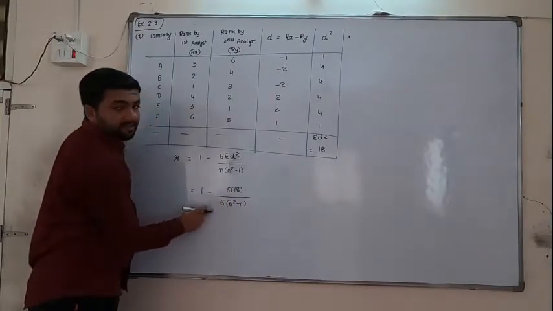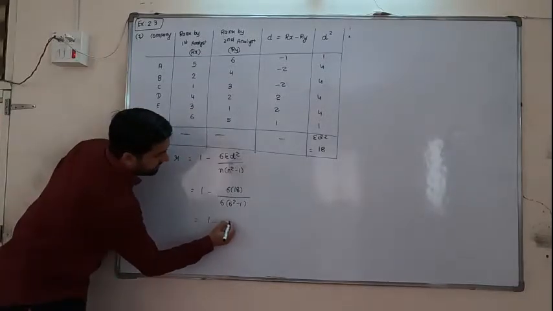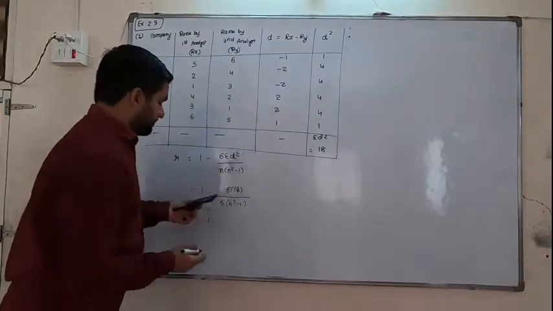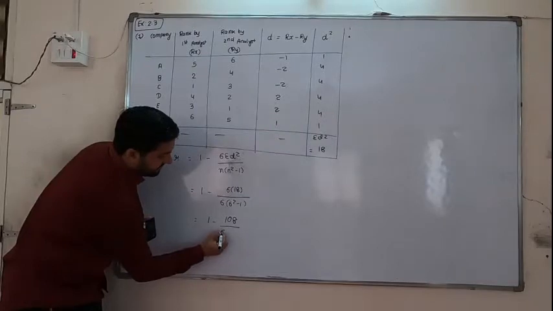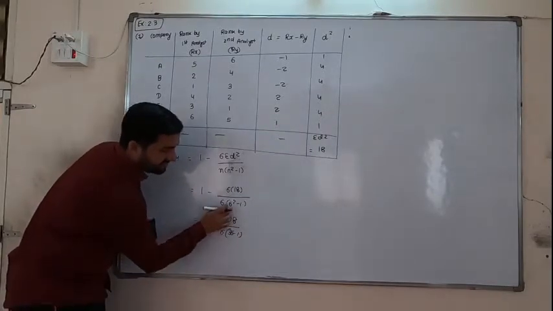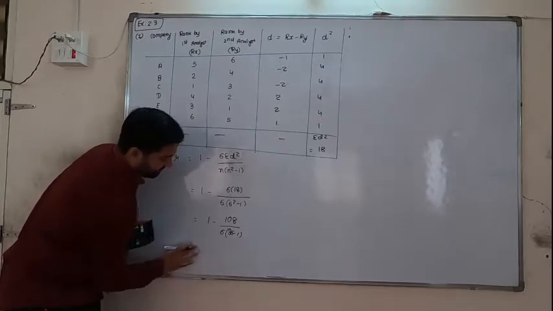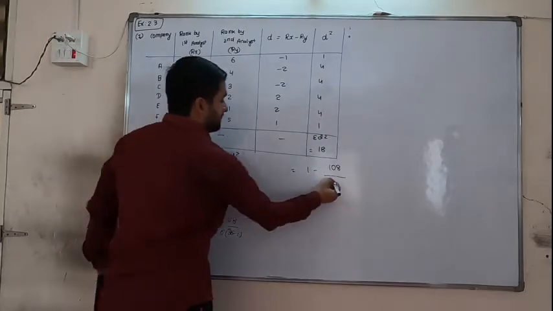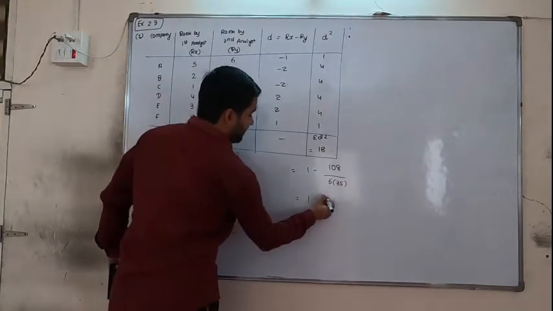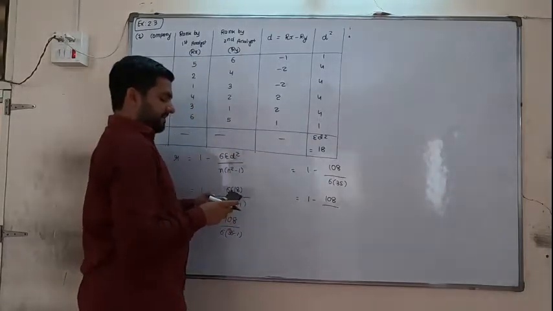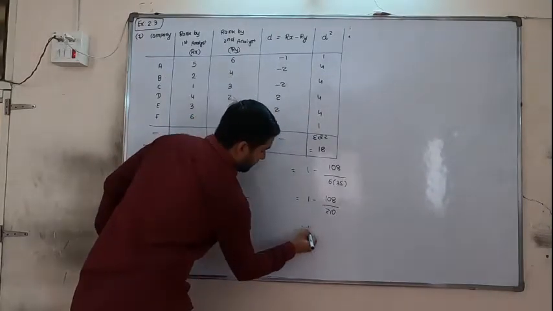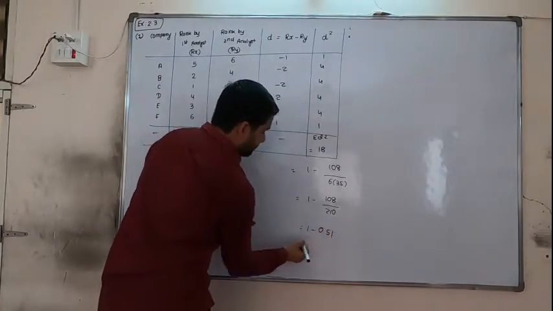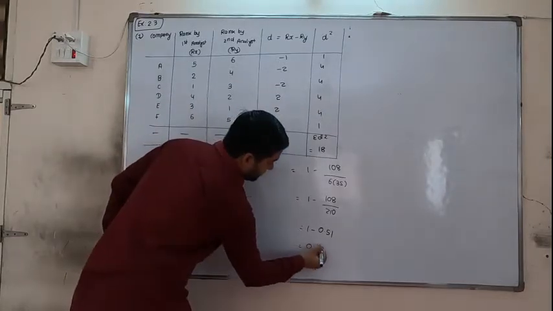Don't think that these two are always equal. These two are not always equal. 1 minus 18 sixes are 108 divided by 6 in bracket 36 minus 1, because 6 square is 36 minus 1. 1 minus 108 divided by 6 into 35, that is 210. 1 minus 108 divided by 210, 0.514, so 0.51, so the answer is 0.49.